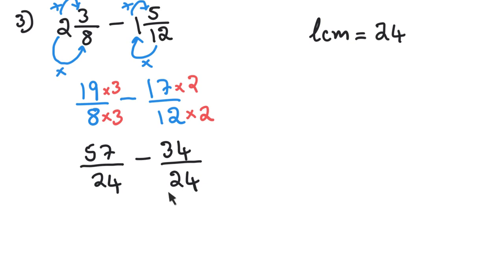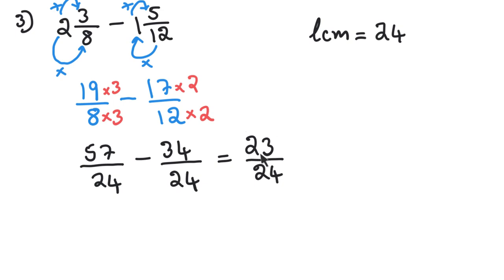Now are the denominators same? Yes. So I simply subtract the numerators, and that is going to be equal to 57 minus 34, 23 over 24. Is this an improper fraction or a proper fraction?